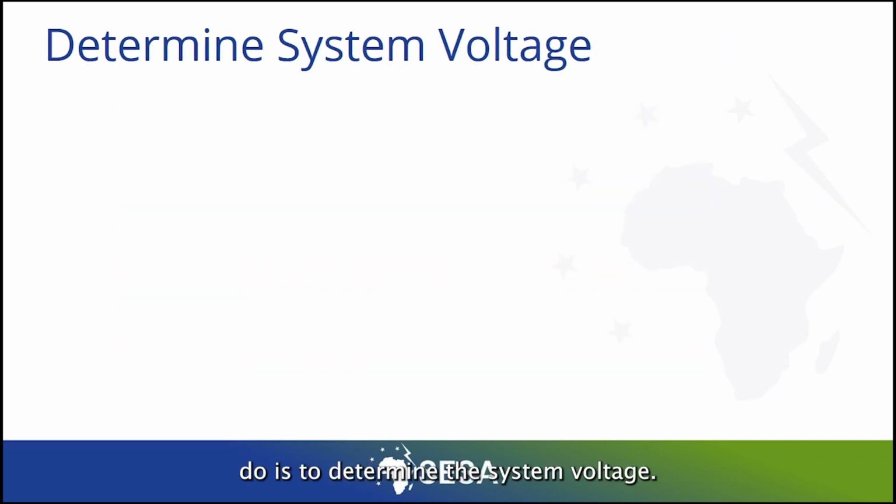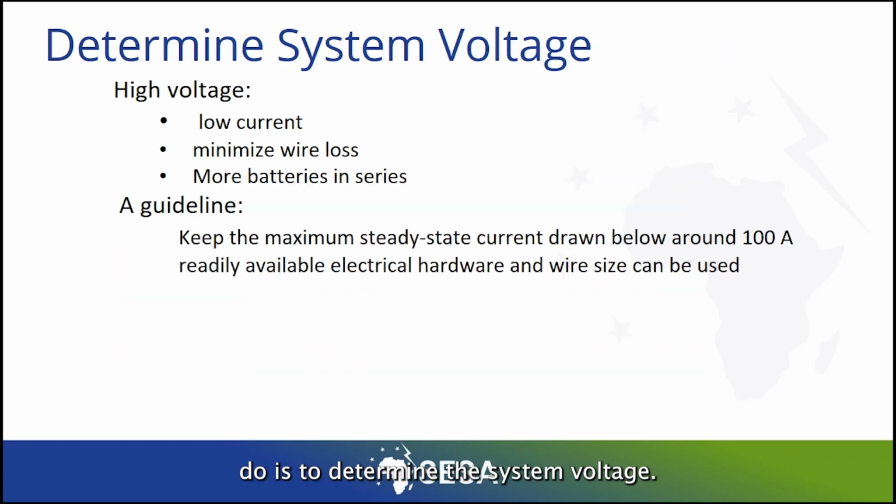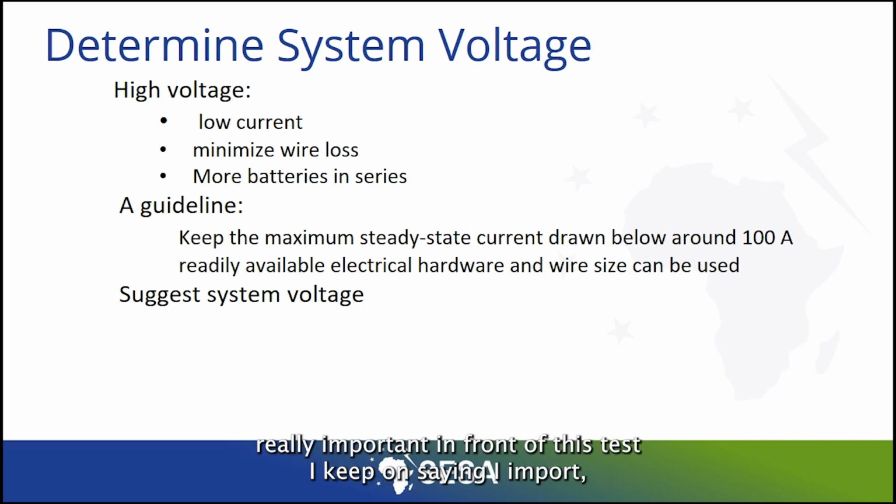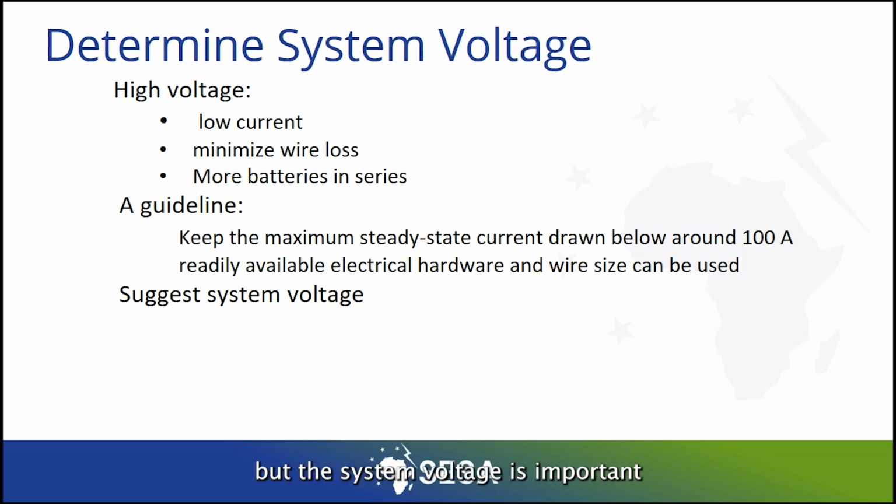The next thing to do is to determine the system voltage. The system voltage is also really important. In fact, all the steps I keep on saying are important, but the system voltage is important in the sense that for standard components such as the battery and the PV, many of them are rated 12 volts.